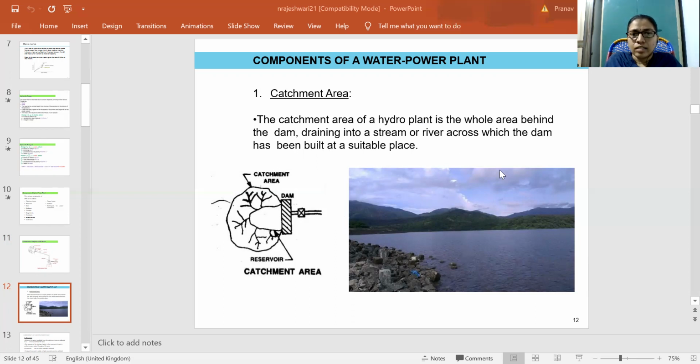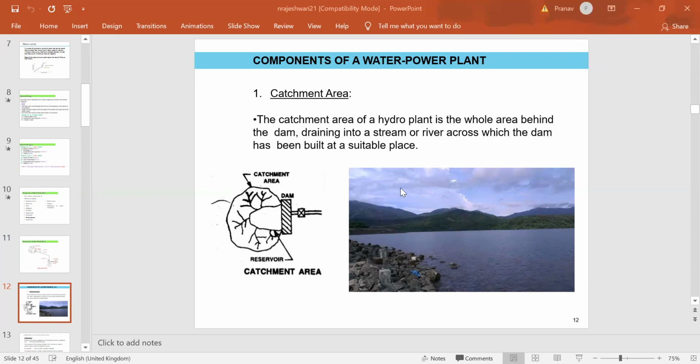So this is the catchment area back of the dam, and this is a reservoir placed here. In this catchment area, the reservoir is constructed. This is the catchment area for a hydroelectric power plant.